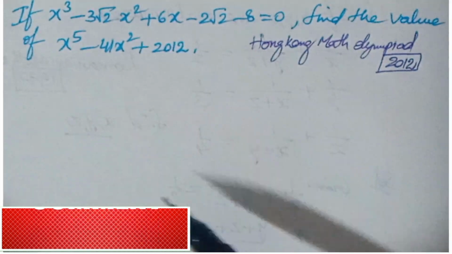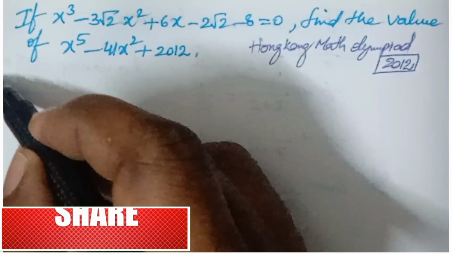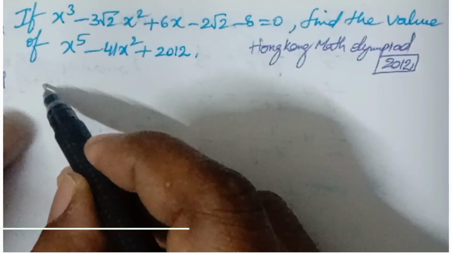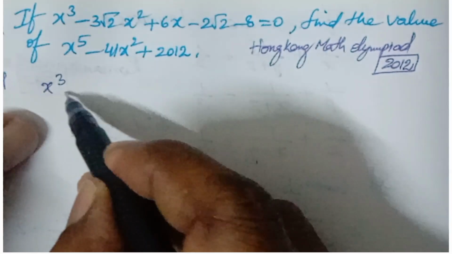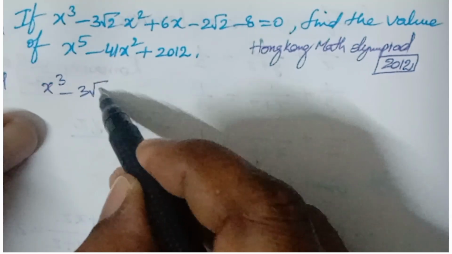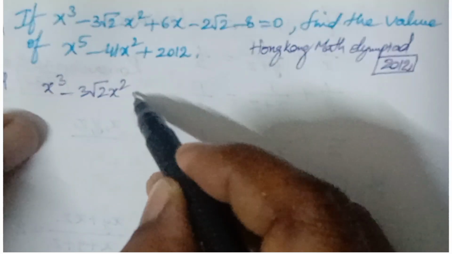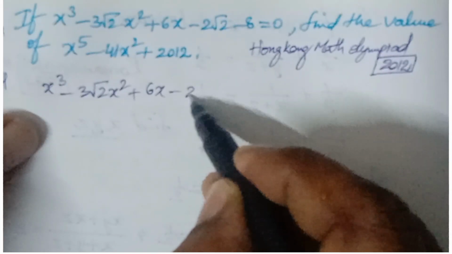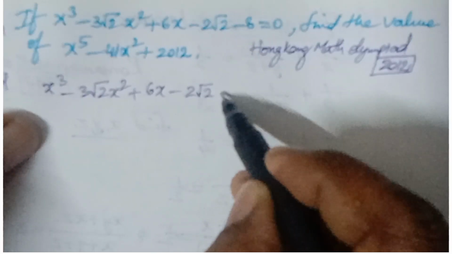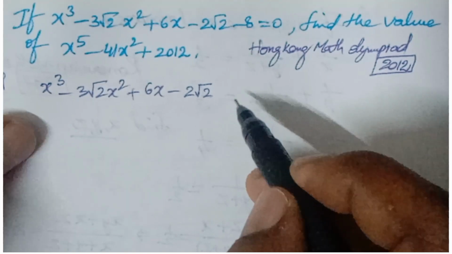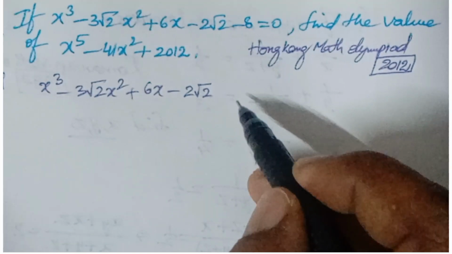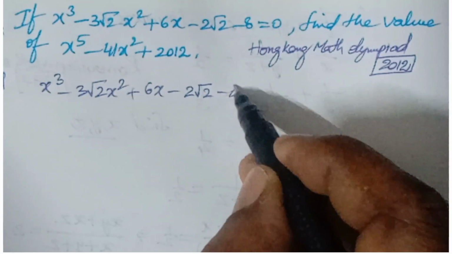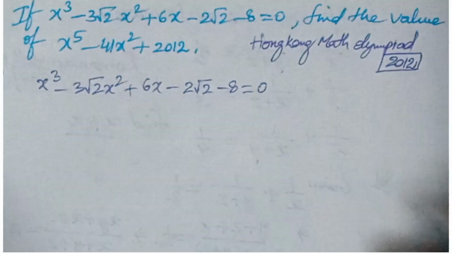So here, first of all, what is given? Given x cube minus 3 root 2 x square plus 6x minus 2 root 2 minus 8 is equal to 0.